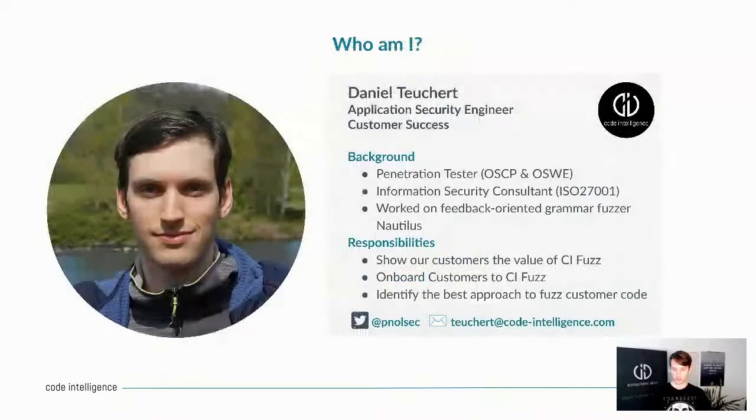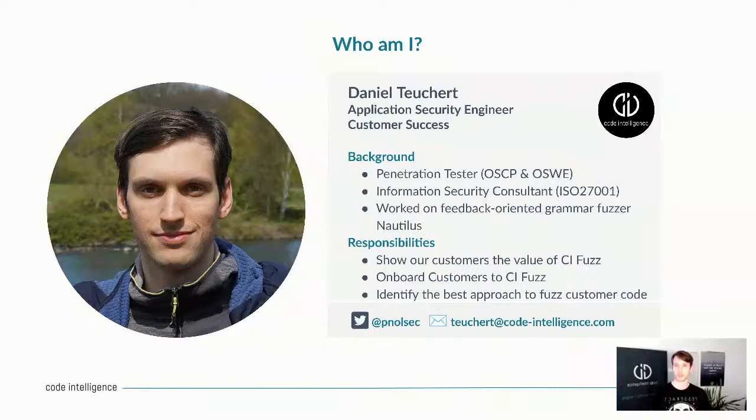A little bit about myself. My name is Daniel Teuchert. I'm an application security engineer here at Code Intelligence. I work in the customer success team, so I help our customers here. Some background, I have worked as a penetration tester and information security consultant, and I have, together with others, worked on the feedback-oriented grammar fuzzer called Nautilus.